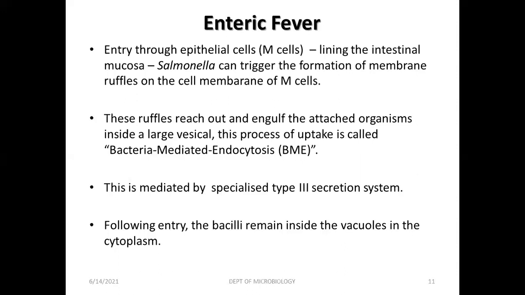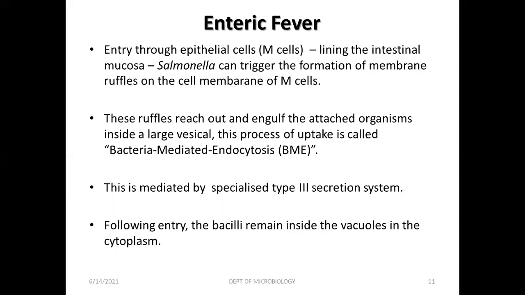So let's see how these enter through the epithelial cell, the M cell. The lining epithelial cells, or M cells, line the intestinal mucosa. Salmonella attach there, and that triggers a mechanism responsible for forming membrane ruffles on the cell membrane where the M cells are.